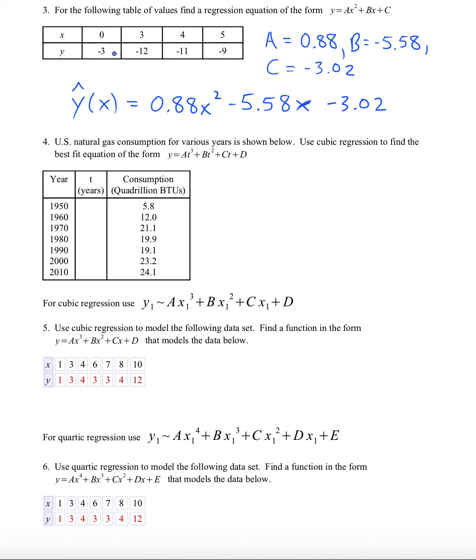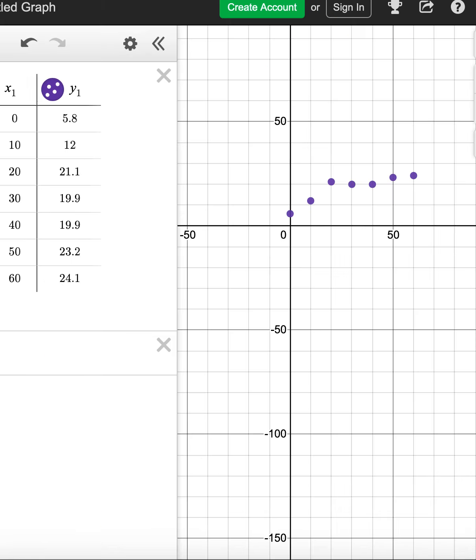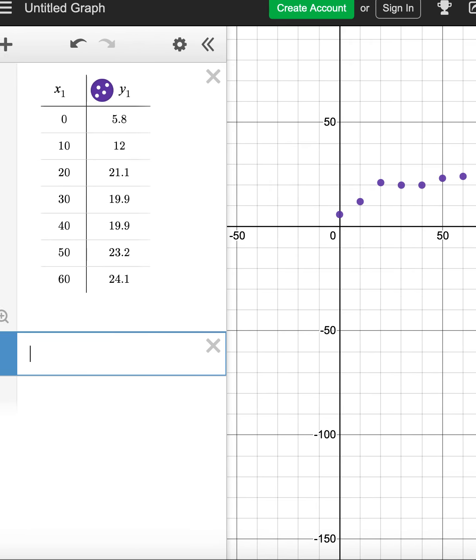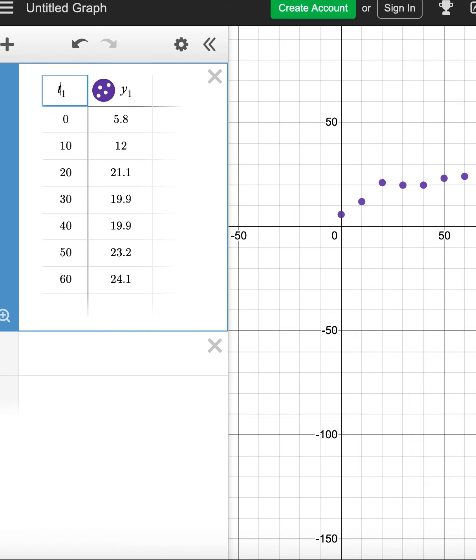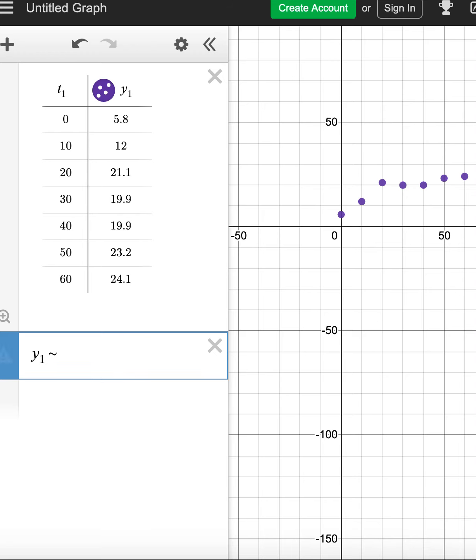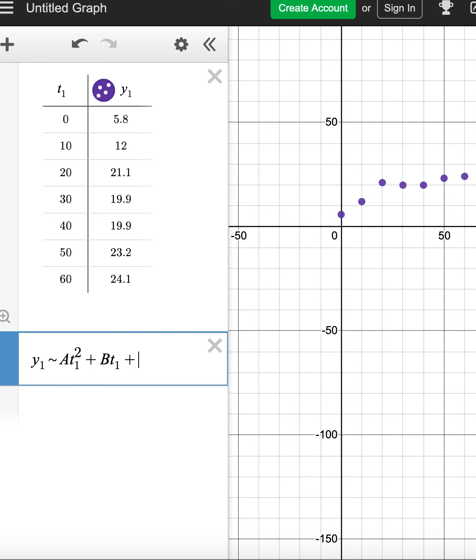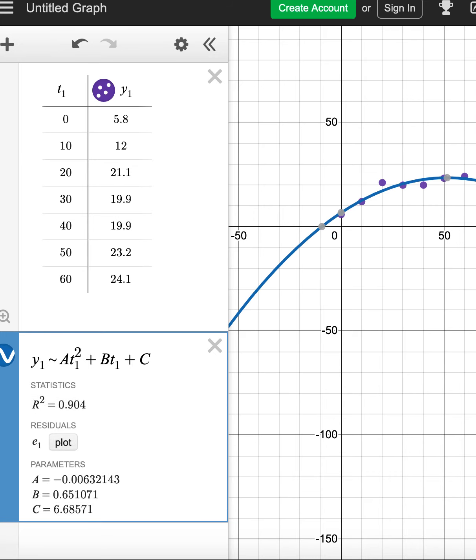So what we do in this case is we just write in t values as years after 1950. When I go back to Desmos, I want to change my x column to a t column. Okay, parabola is not a bad fit. But what if we go to a cubic model? That would be with a t cubed term.